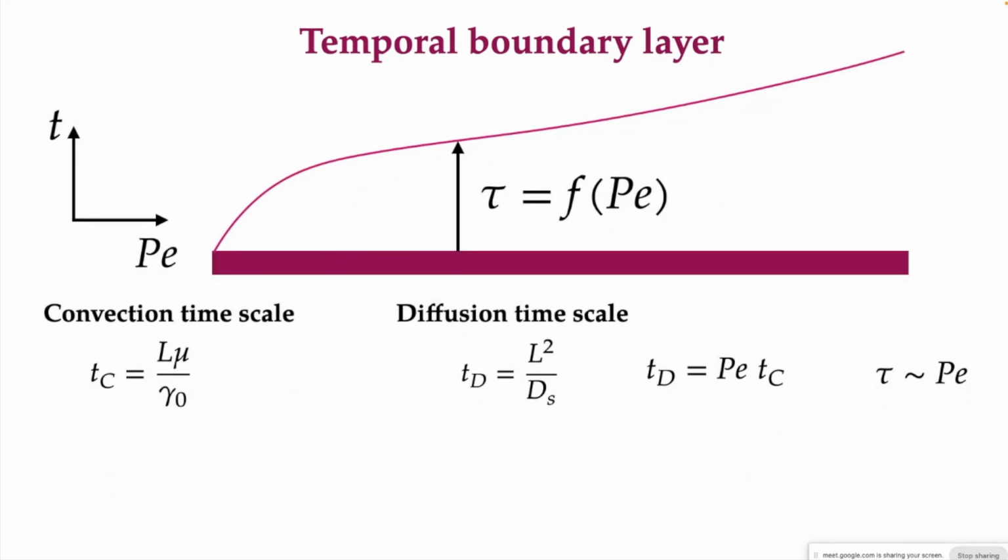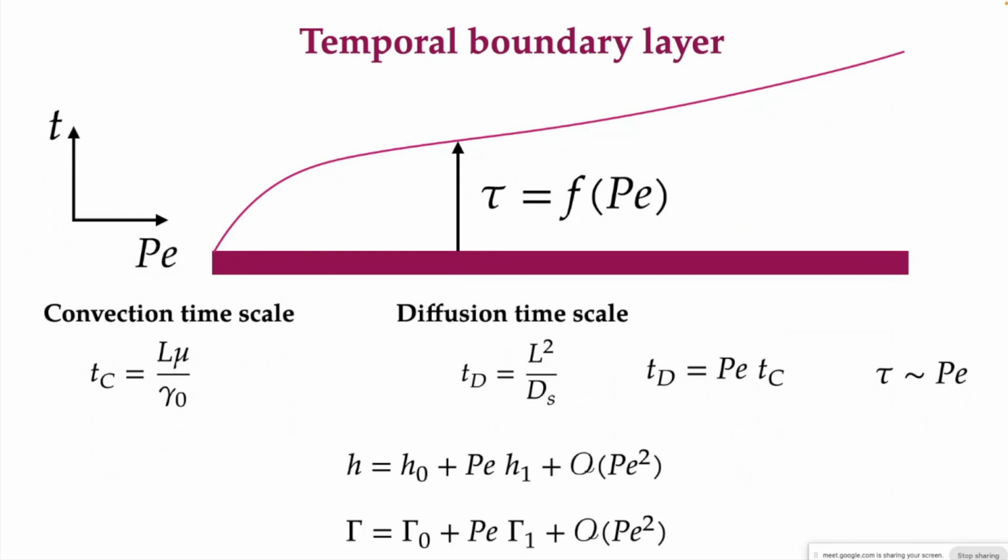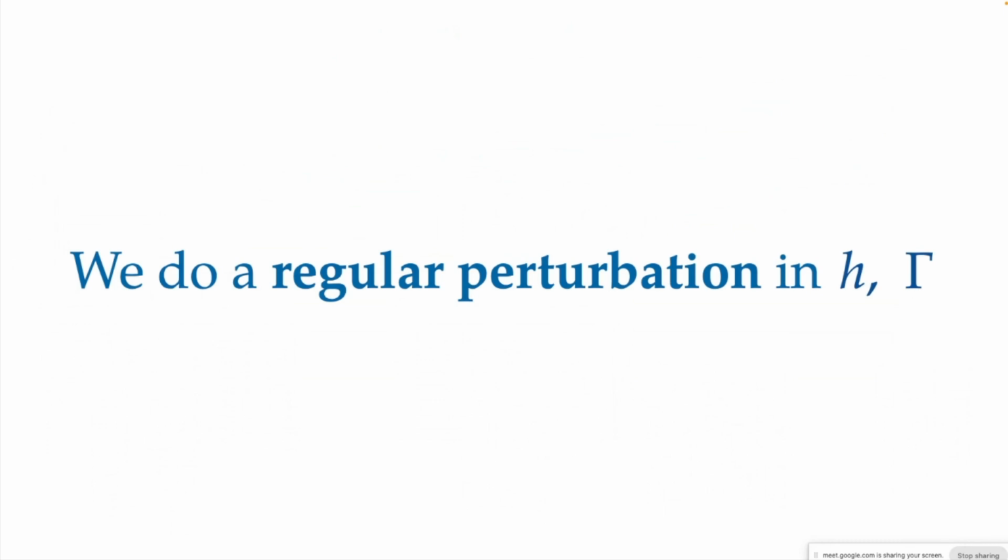And why we introduce this concept is that it's very much similar to how people do it for turbulence, where they regularly perturb your velocity field. Here, we perturb two different fields, which are the height and our surfactant concentration. So we do regular perturbation in H and surfactant concentration.